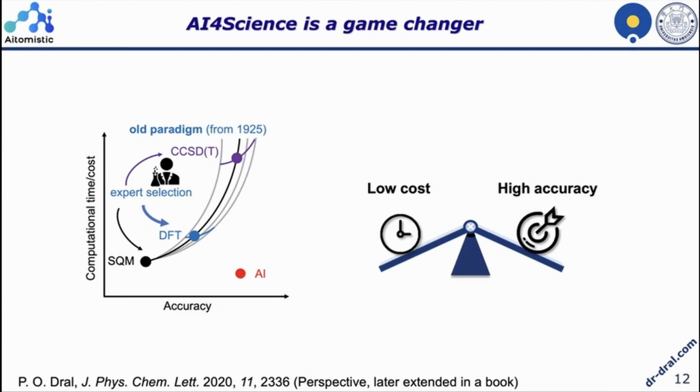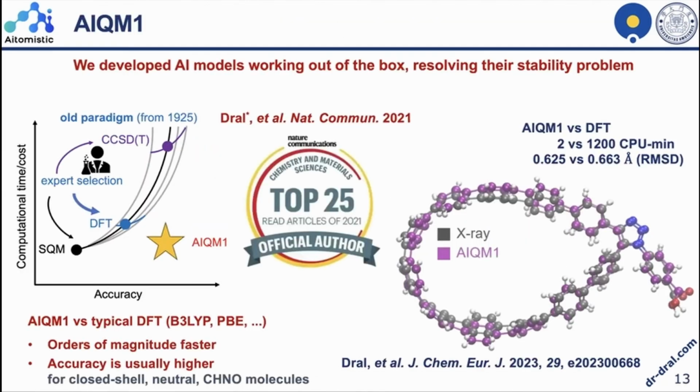its underlying principles. So one of the first practical methods combining machine learning and quantum chemistry to do practical realization, which doesn't need much fine-tuning, although it can be done, is the AIQM1 method, which is pretty robust too.